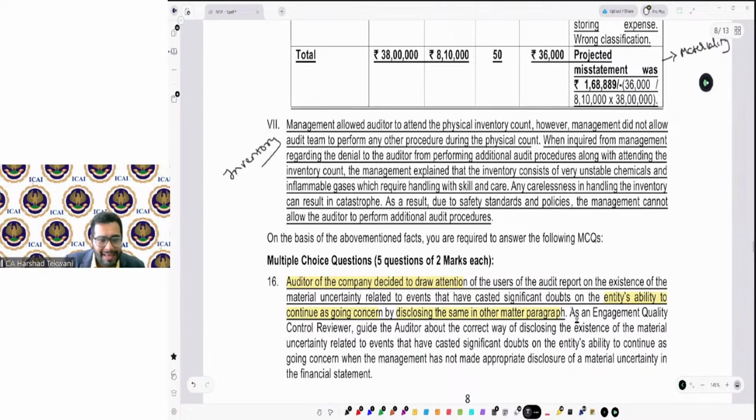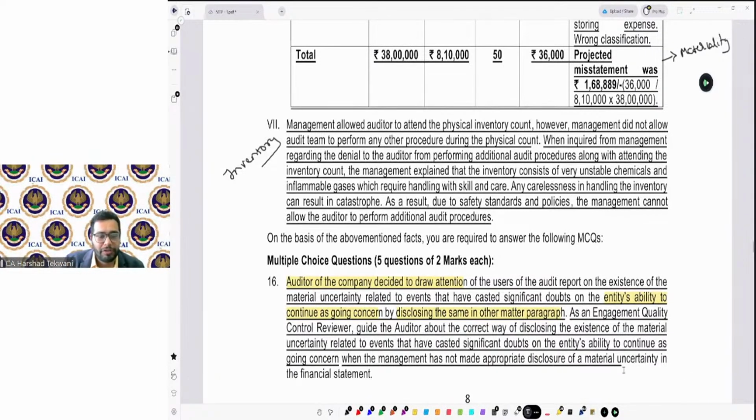Okay. As an engagement quality control reviewer, guide the auditor about the correct way of disclosing the existence of material uncertainty related to the events that have cast significant doubt on the entity's ability to continue as a going concern, when the management has not made appropriate disclosures of a material uncertainty in the financial statement. So, what is the correct way of disclosure?